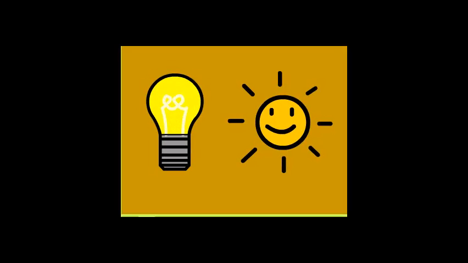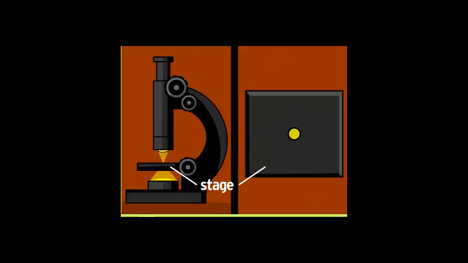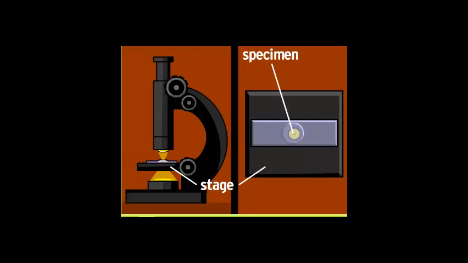It all starts with a light source. Light is either projected directly through the lens or bounced from a mirror mounted underneath the microscope's stage. The stage is a platform with a small hole in it. Light comes through the hole and passes through a thin slice of the specimen you want to magnify.